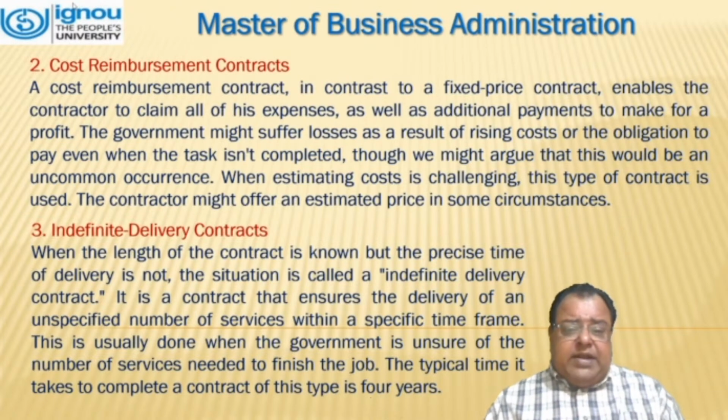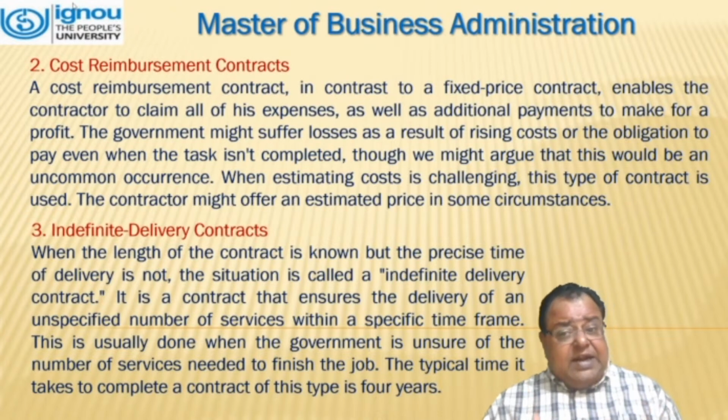The government might suffer losses as a result of rising costs or the obligation to pay even when the task isn't completed, though we might argue that this would be an uncommon occurrence. When estimating costs is challenging, this type of contract is used. The contractor might offer an estimated price in such circumstances.